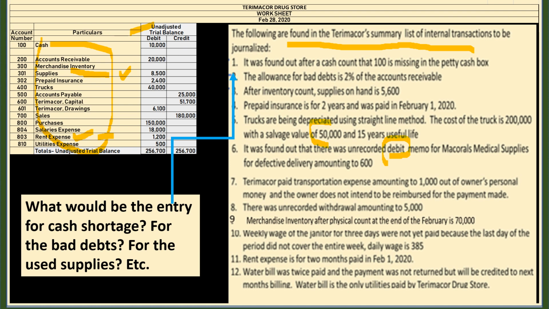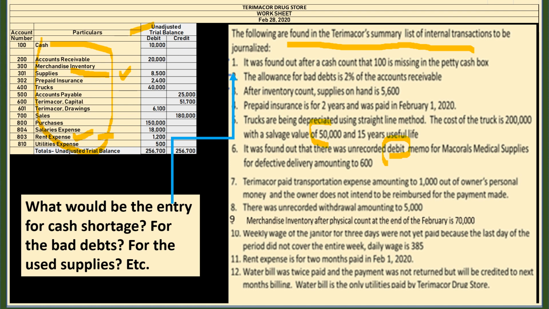So Terimacor will be debiting the accounts payable for Mackerel. So that will be a debit to accounts payable and a credit to purchase returns and allowances.